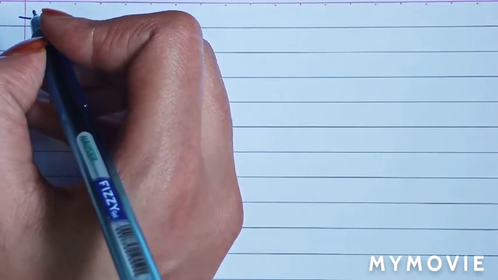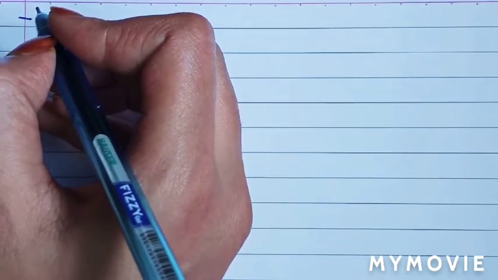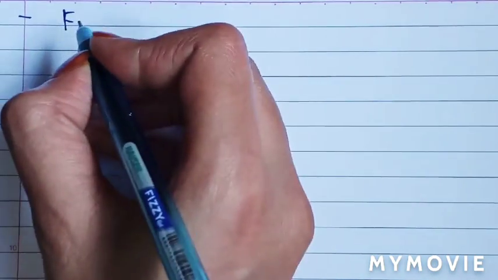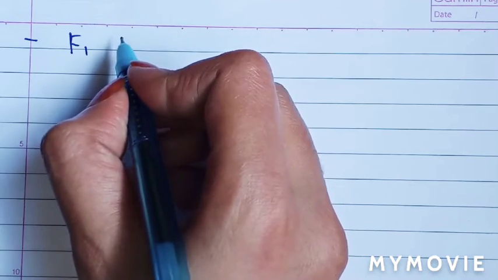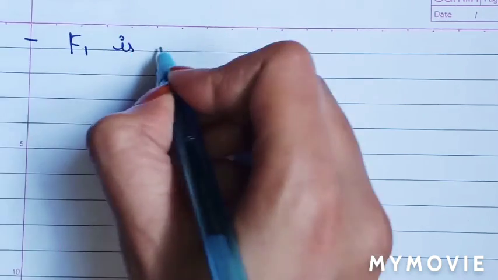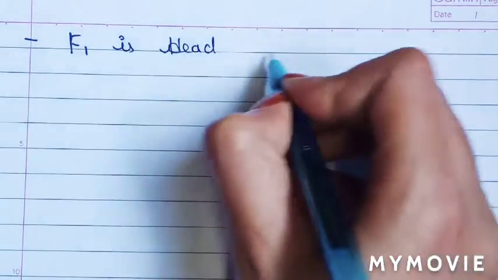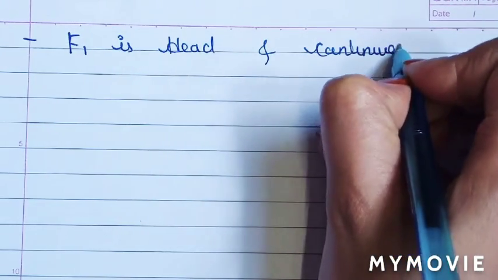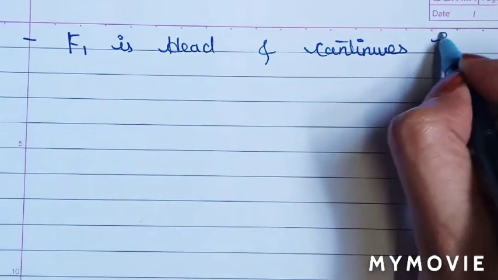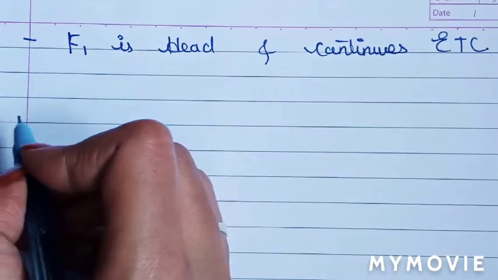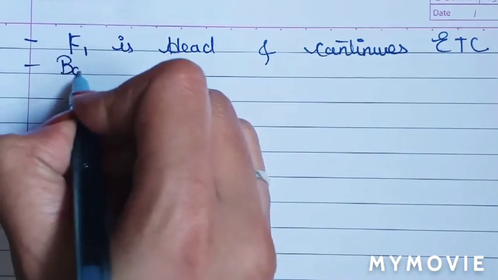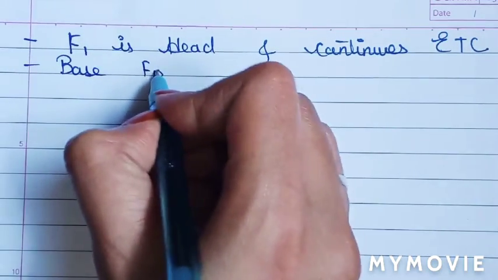If we see the F1 particle structure, then F1 is the head, and it continues the ETC cycle, okay. Now the base, F0.